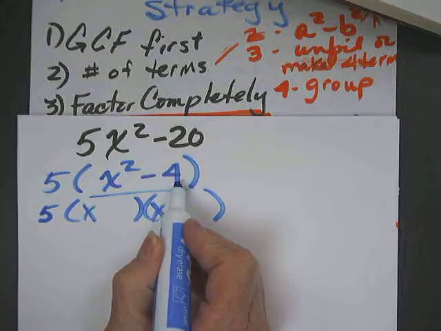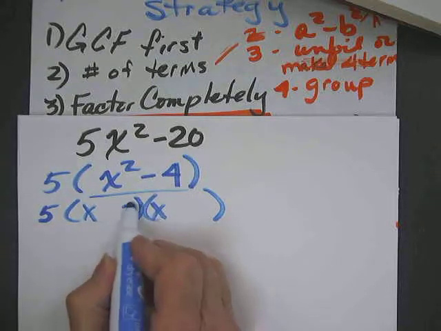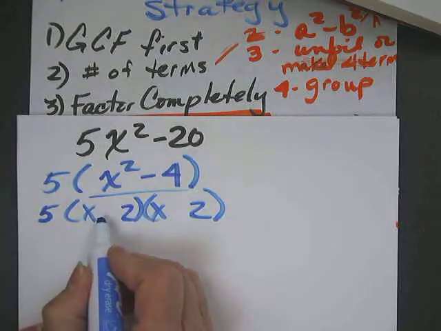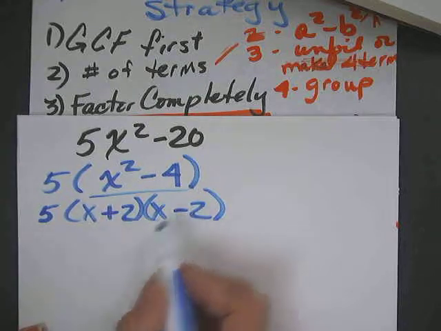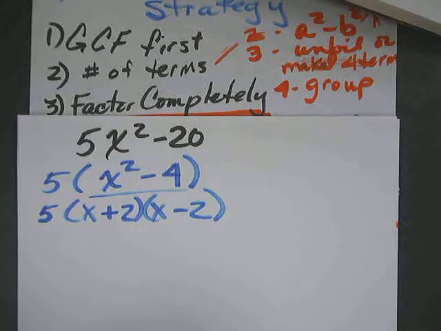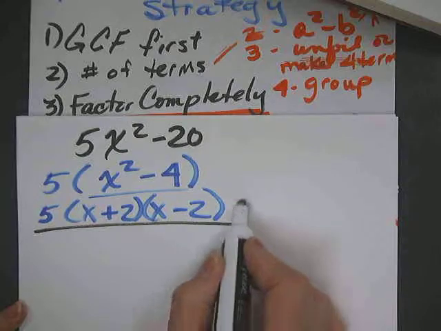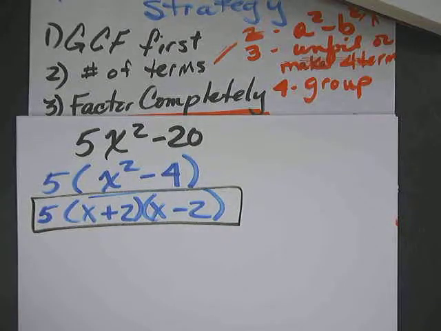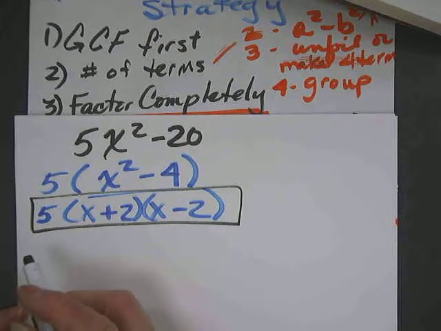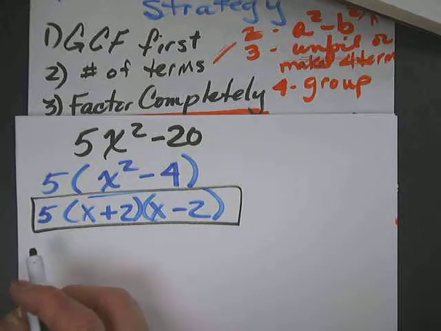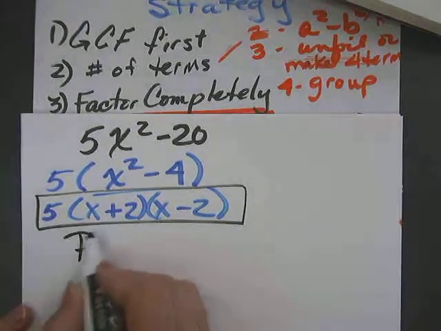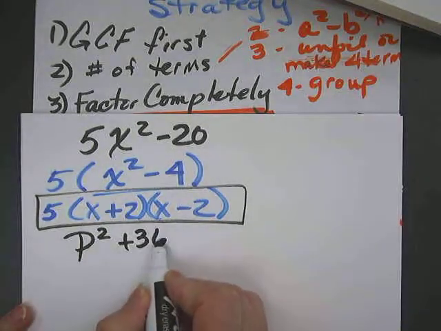Okay, will that keep factoring? Okay, we have difference of squares, right? So we have x, and the 4 will be 2 times 2, what are our signs? Positive and negative, and we're done, right? Can't break any of those down.